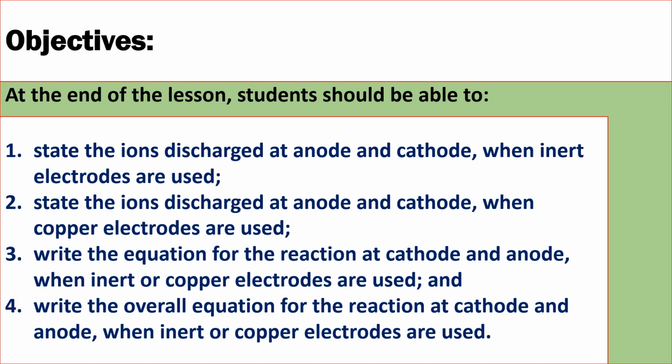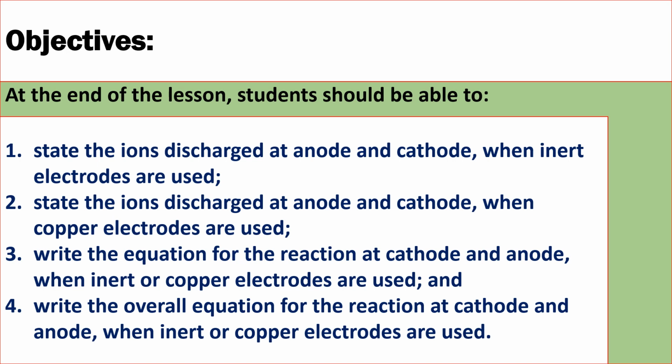The third objective is that at the end of this lesson, you should be able to write the equation for the reaction at the cathode and at the anode when inert or copper electrodes are used for the electrolysis of copper(II) tetraoxosulfate(VI).